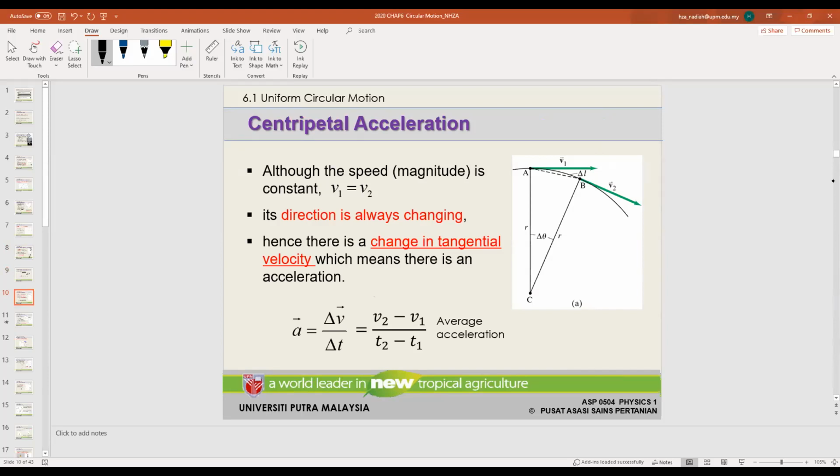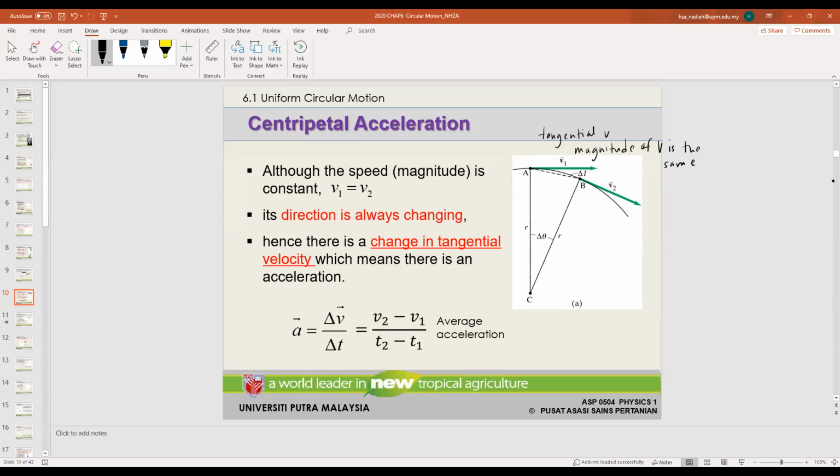Okay, so remember, we have a tangential velocity, right? We have tangential v, and our tangential v is v1, and at this point it is v2. The magnitude of v is the same, but the direction is different. For V1, it is going this way, and for V2, the direction is going this way.